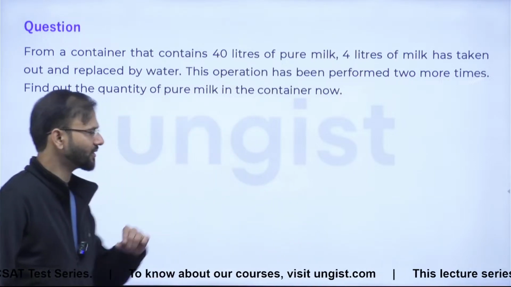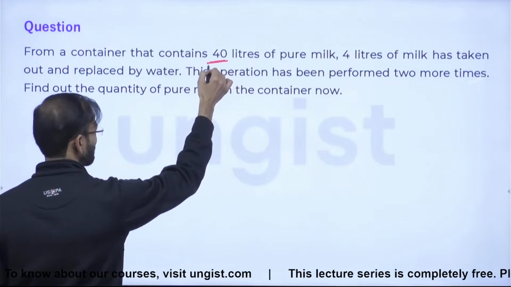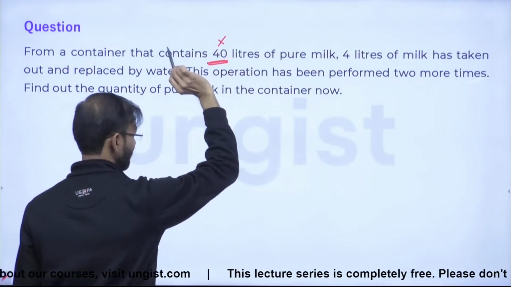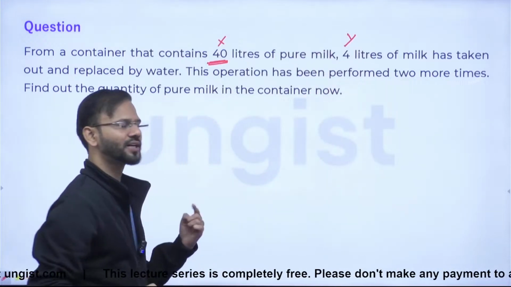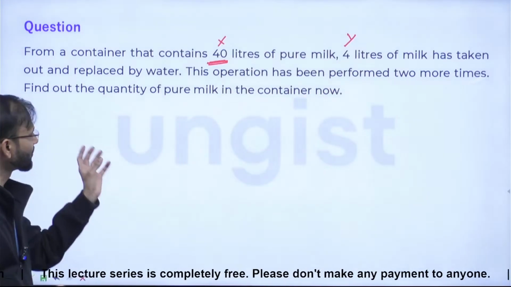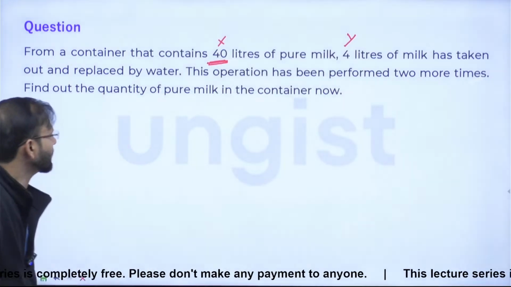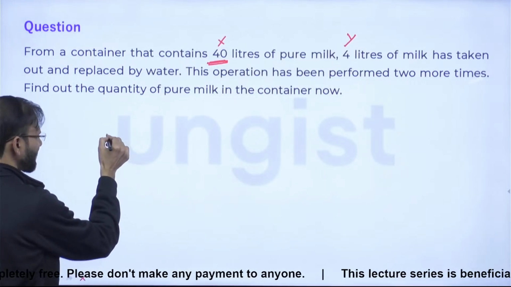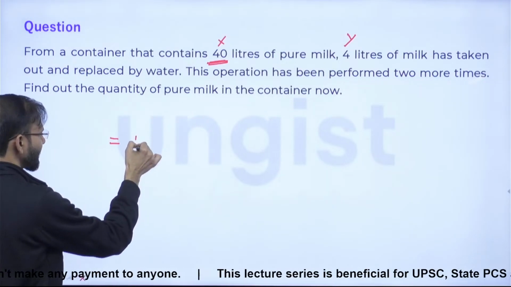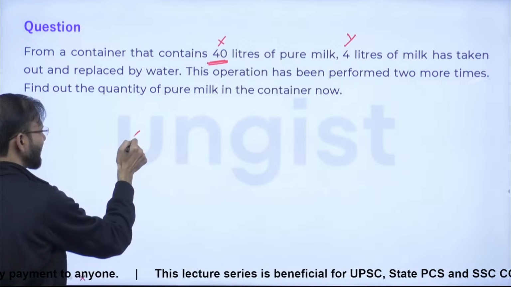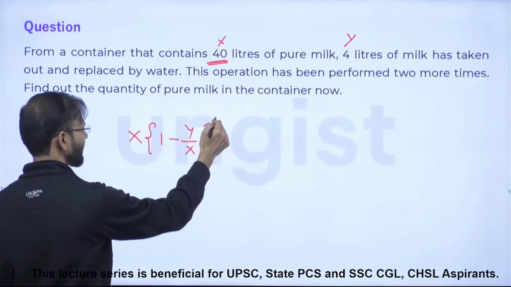So what we did over there: a container contains X units of pure liquid. This is the value of X. From that, Y units have been taken out and the same quantity is replaced by water, and this operation has been performed 2-3 times more, right? So the quantity of pure milk after 3 such operations, the formula says, is X into (1 minus Y by X) raised to the power n.